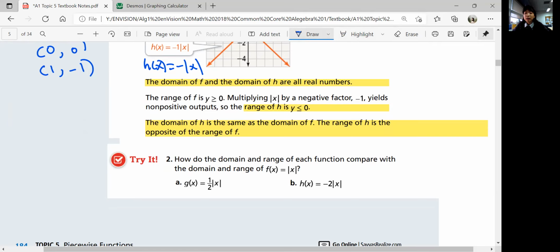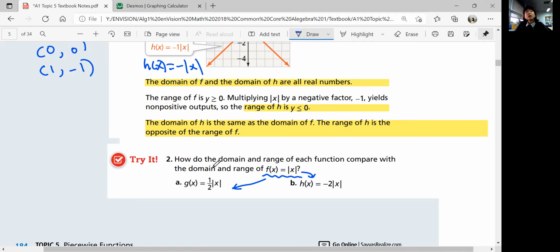How do the domain and range of each function compare with the domain and range of f of x equals absolute value x? So you're going to compare both of them to f of x equals absolute value x. So how does this change? See if you can describe it by yourself. Come back when you're ready for answers.